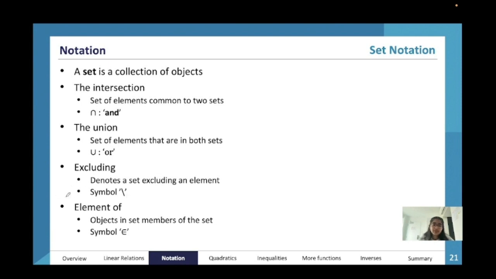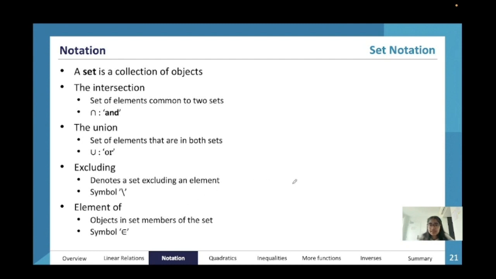Another way I can exclude is I can say how many people play basketball but don't like playing basketball. So I'm excluding people who like playing basketball. And lastly, element of.